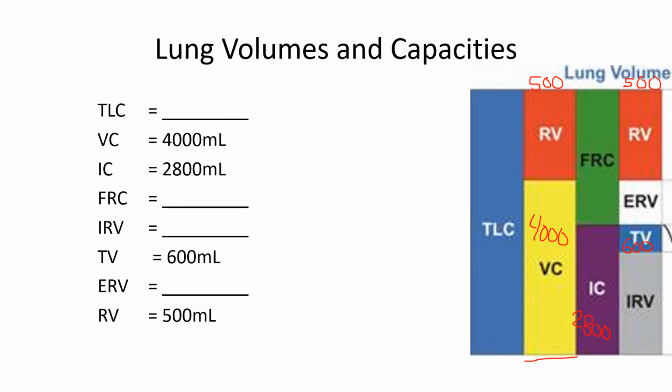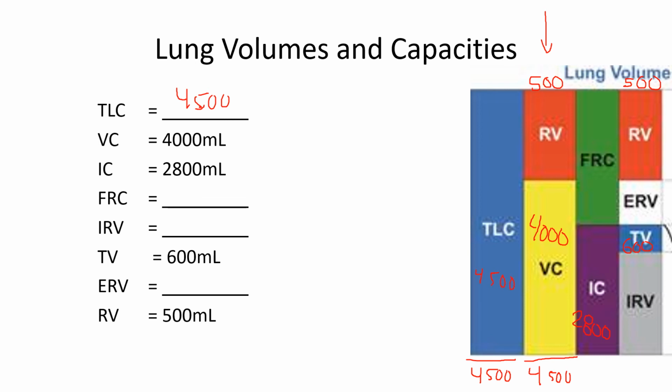So what's this column's worth? No, this one, the new example. So this column is 4,500, right? So now we know everything must equal 4,500. So TLC is 4,500.